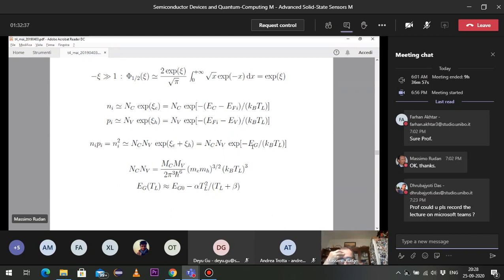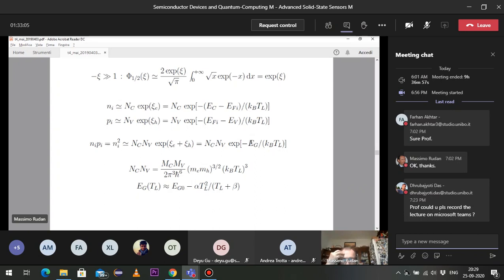And finally, we have another dependence, because the gap also depends on the temperature for the same reason as for the masses, okay? Because when you change the temperature, you deform the lattice, okay? So the dependence of the gap on temperature is not simple. It can be calculated, okay?